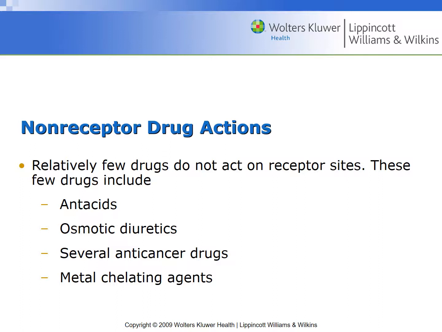Antacids work by changing the pH of the gastric acid, so there's no need to attach or be distributed because they're meant to work right there in the stomach. Osmotic diuretics increase the osmolality of the plasma, which pulls water out of the tissue into the bloodstream. So again, there's no need to attach to anything.